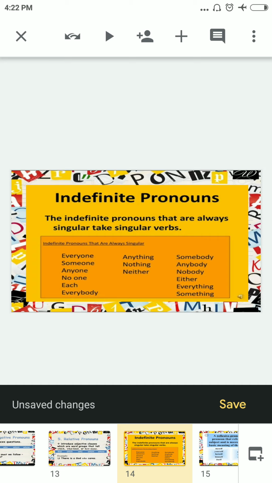Now we have to talk about the indefinite pronoun. The indefinite pronouns that are always singular take singular verbs. Obviously, by the name itself we are able to understand: indefinite pronoun means we are not able to understand, we are not sure about the use of those pronouns. By the words and the examples itself, you are able to understand.